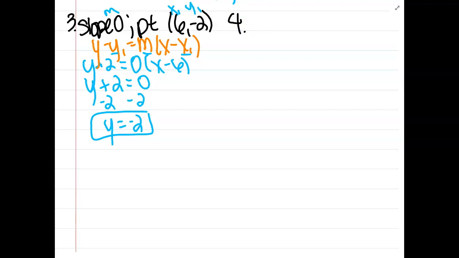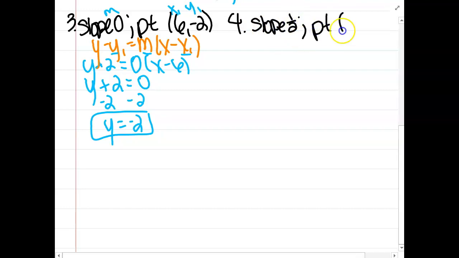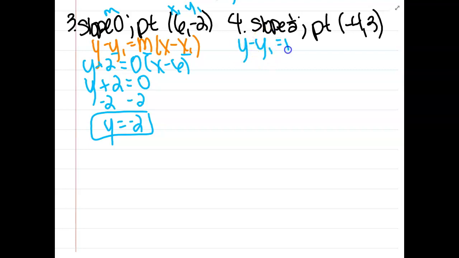Okay, number 4. Let's say we have the slope of 1/2, and it passes through negative 4, 3. To use point-slope form, y minus y1 equals m times x minus x1.